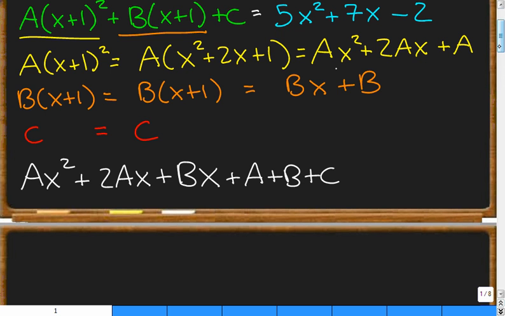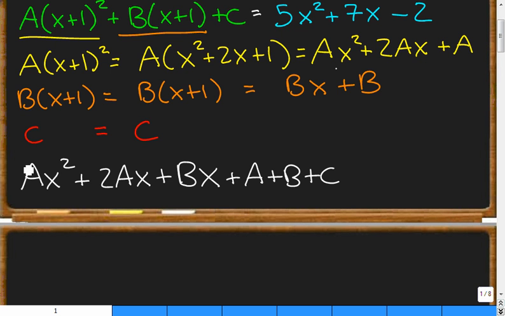So what we need to do now is get, like we have over here, x squared times a single thing, x times a single thing, and our constants all together. So we're going to factor, and make sure that we put all of these things in the right place, so that we have three different things.